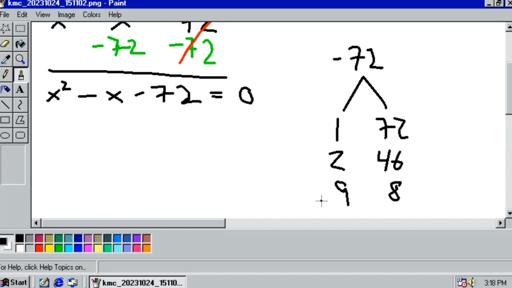Now, if we make this a negative sign, we have 9 times 8 is 72, or negative 72. And negative 9 plus positive 8 is negative 1, which is what we have here. So we have x minus 9 and x plus 8.